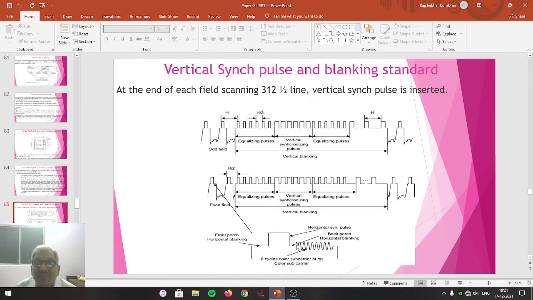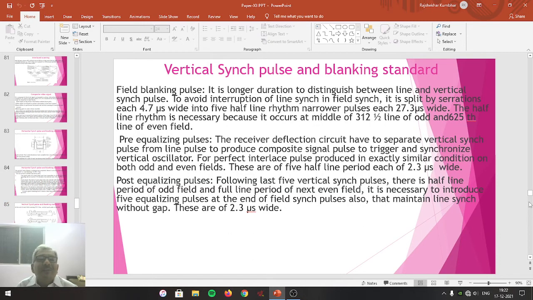In the back porch of every horizontal flyback period, this color subcarrier burst signal is introduced of the order of 4.8 megahertz. This is only for color chrominance signal transmission. For monochrome, these signals are not transmitted. Let us see their respective standards in the next slide.